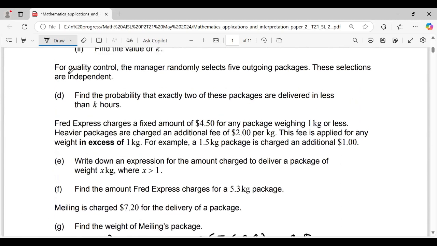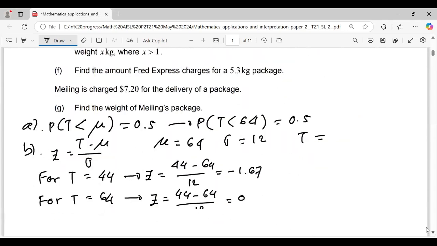Head Express, this one, D first. For quality control, the manager randomly selects 5 outgoing packages. The selections are independent. Find the probability that exactly 2 of these packages are delivered in less than k hours.